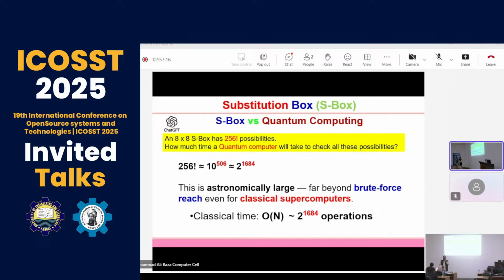I did ask ChatGPT: an 8x8 S box has 256 factorial possibilities, will it be broken by quantum computing? 256 factorial is about 10 raised to power 506, which is near about 2 raised to power 1684. So it is a very huge number.